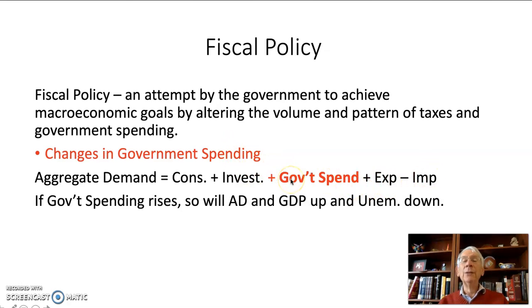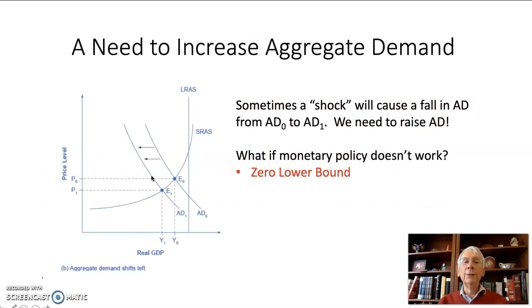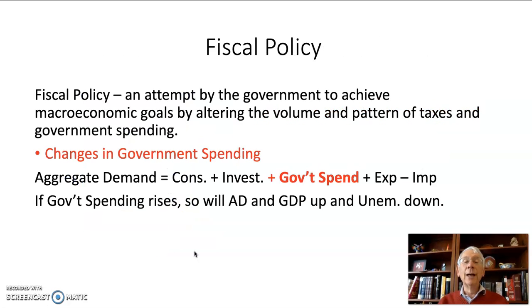If the government spends more, imagine, if you will, if the government decides to put in a new road, build a new train track, open up an airport, or build a new post office, this is part of aggregate demand. This raises aggregate demand back up to where it was originally, raises GDP, and can get us out of a recession. So if government spending rises, aggregate demand's up, GDP is up, and unemployment is down.